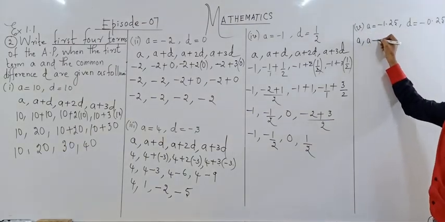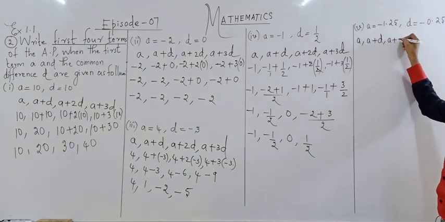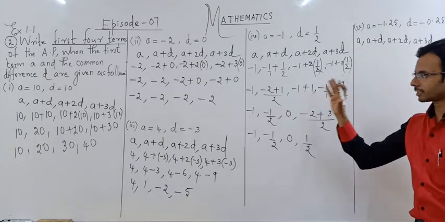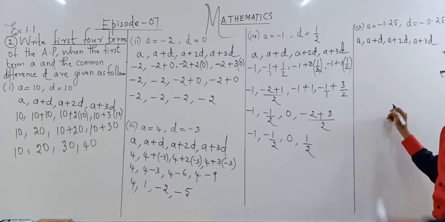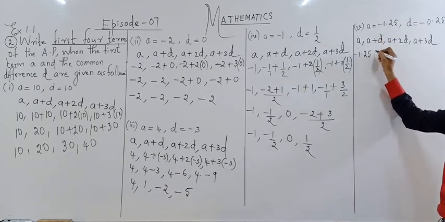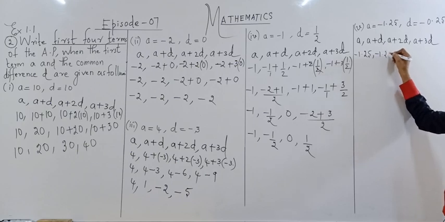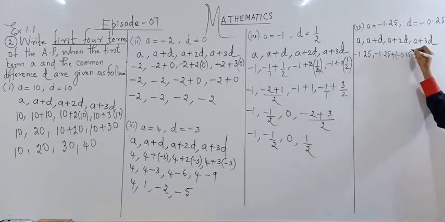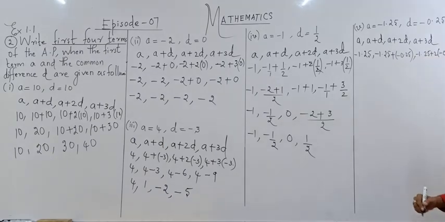The general form is a, a plus d, a plus 2d and a plus 3d. Once we are exposed to 4 problems, it should now be easy to go ahead. Here a is minus 1.25, then minus 1.25 plus d, which is again negative, so taken in brackets, minus 1.25 plus 2 into minus 0.25.